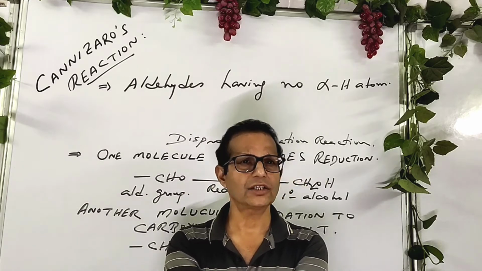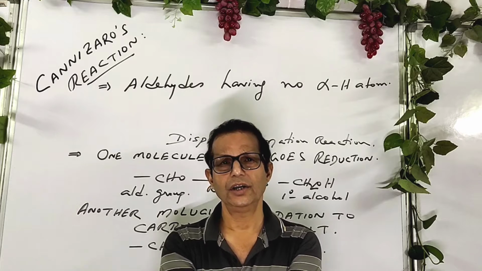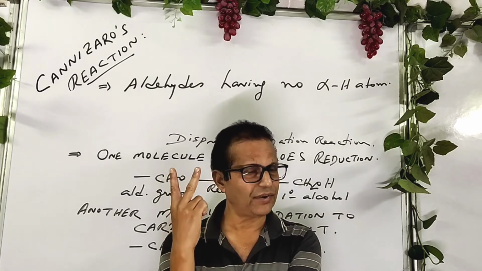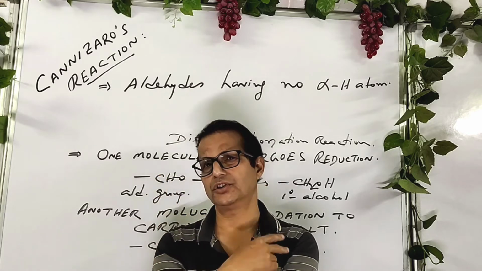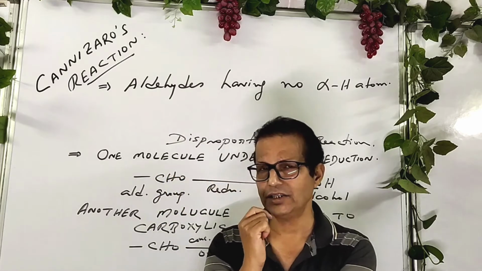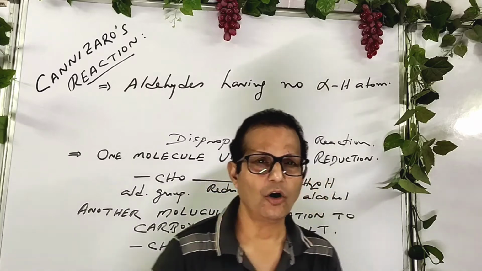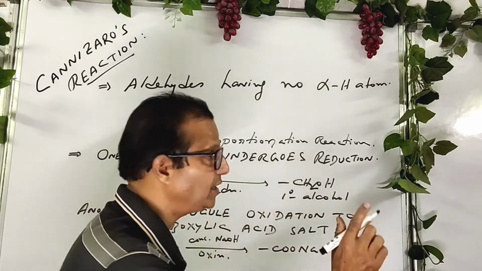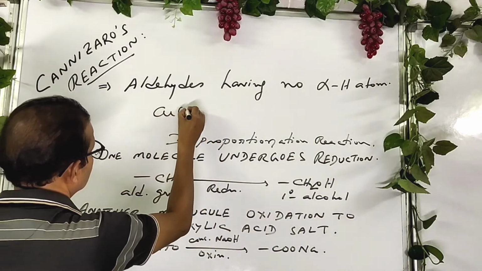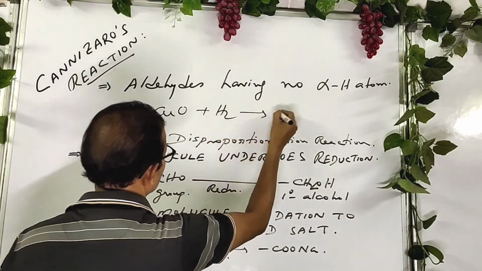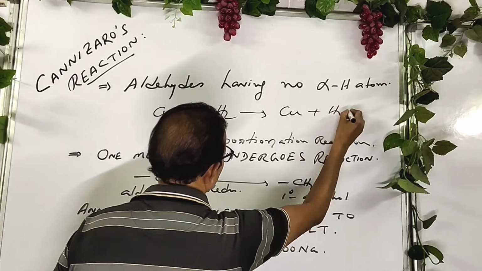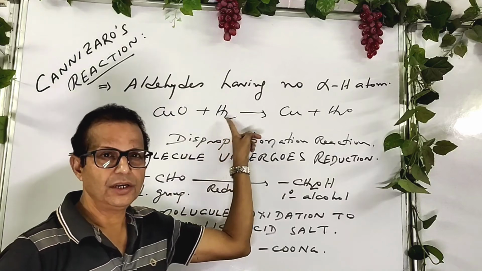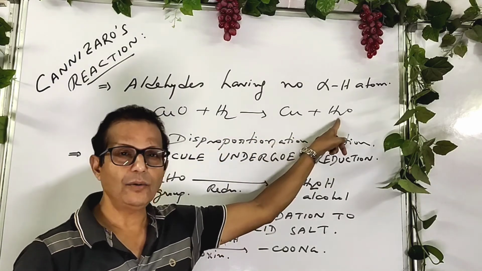Cannizzaro reaction is not a redox reaction because during redox reaction, two different reactants are used. For example, imagine copper oxide, that is CuO. Don't write, only understand. When copper oxide reacts with hydrogen, you get copper and water.